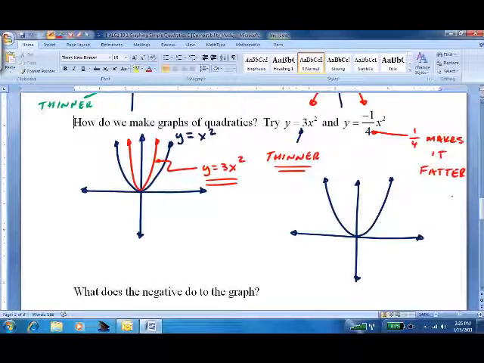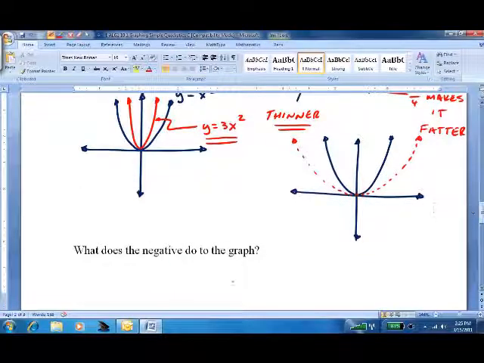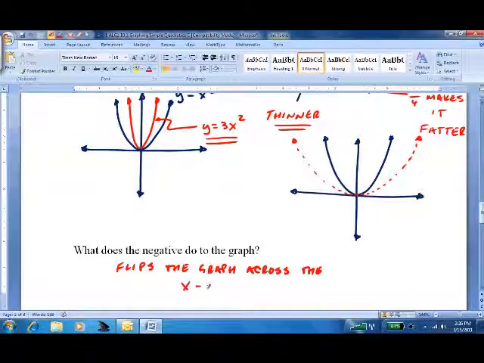Since I'm ignoring the negative, I'll just say, well, that would be fatter. What does the negative do? Well, if you were paying attention the last couple of units, the negative flips the graph across the x-axis, also known as upside down.